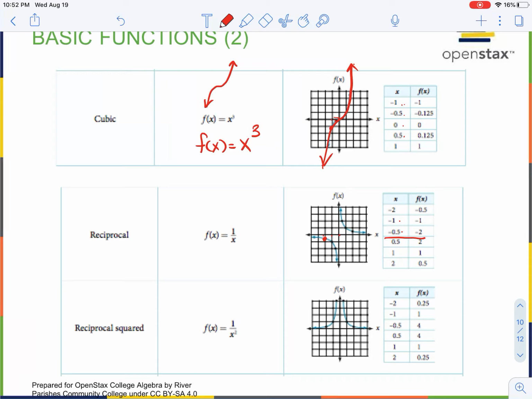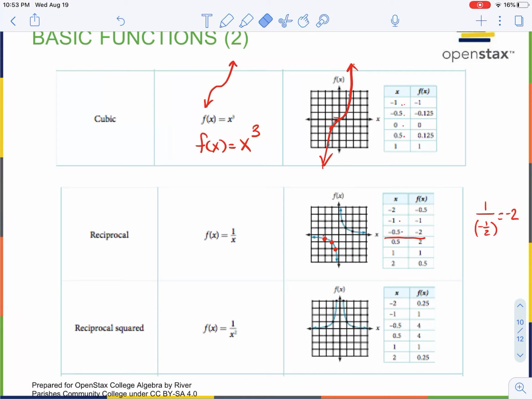If I put in -1, 1 divided by -1, we're doing 1 over x, by the way, I don't think I said that, you get -1. So -1, -1. If I plug in -1/2, -0.5, you get 1 divided by -1/2, which is the same as -2. So you have the point -1/2, down 2.